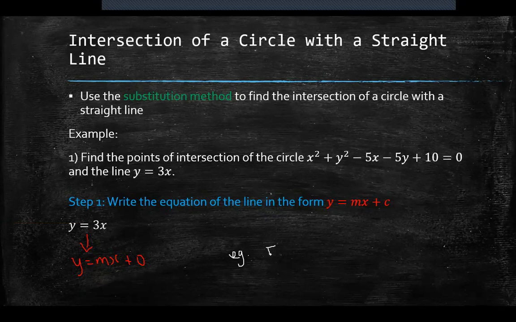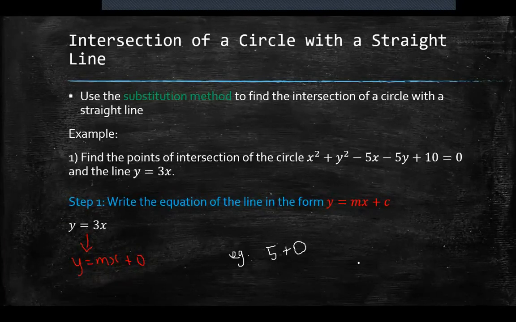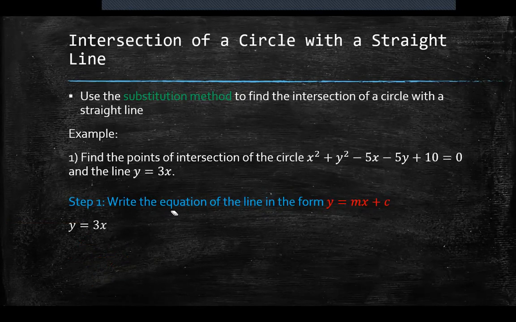If I had 5 plus 0, nobody writes the answer as 5 plus 0. We know that's the same as 5. So there's no need to put the 0. And that's why we just take this off and get y is equal to mx. So just making that clear. That's the first thing you want to do: write the equation of the line in the form y is equal to mx plus c.